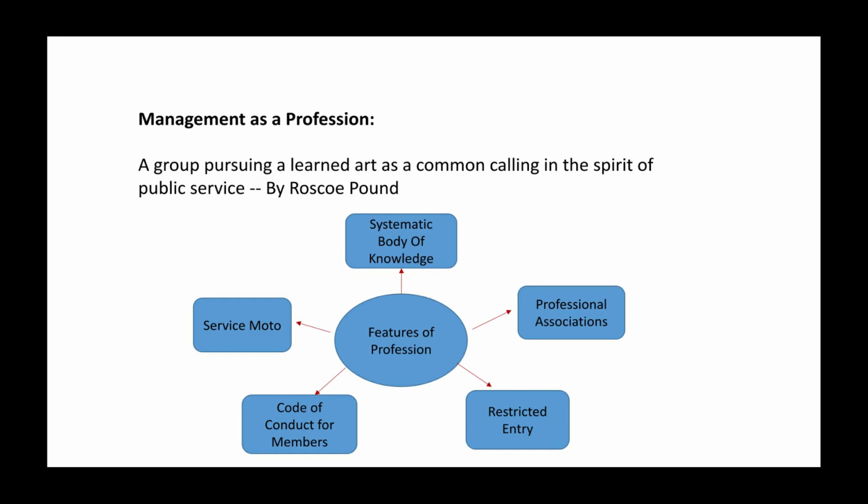Here we have a definition by Roscoe Pound. According to Roscoe Pound, a profession is defined as a group pursuing a learned art as a common calling in the spirit of public service. So it is a learned art as a common calling in the spirit of public service.